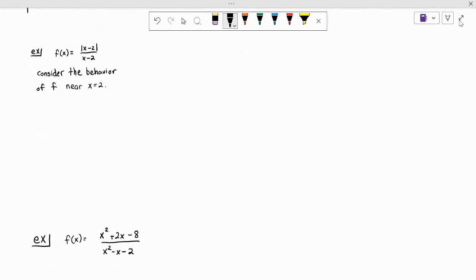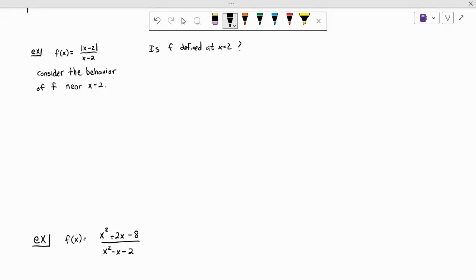Let's consider this function in the first example, and we want to describe its behavior around x equals 2. First of all, is the function defined at 2? No, it's not.